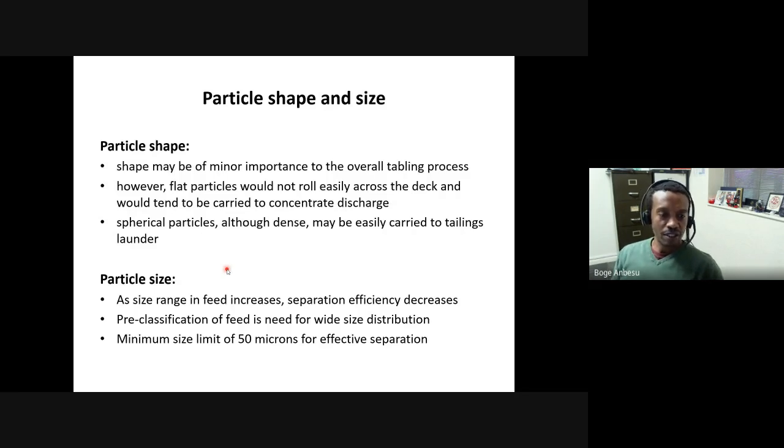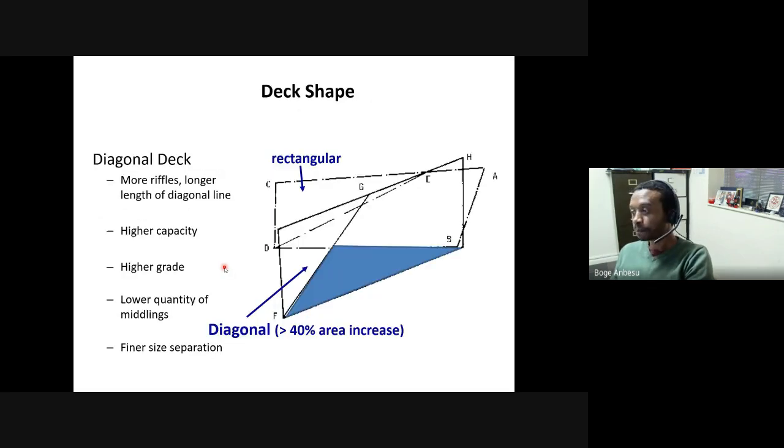So if the particle size range is very wide, you can maybe consider screening it first, get rid of the fine particles or the coarse particles, and then work with a narrow particle size range. And typically, if particle size is say below 50 micron, that's too fine for a Wilfley table or a shaking table anyway, and therefore you should probably consider other methods instead of using a Wilfley table or a shaking table.